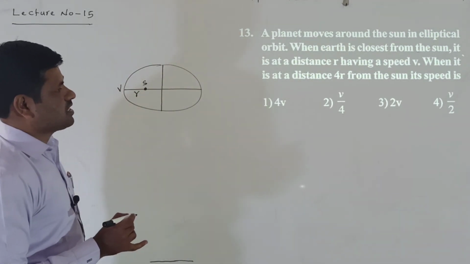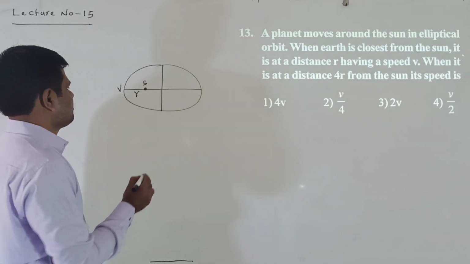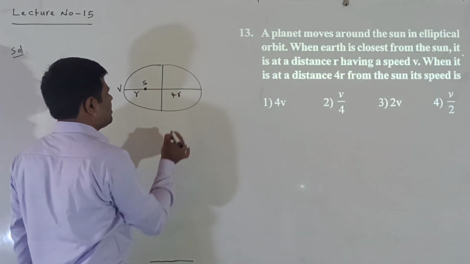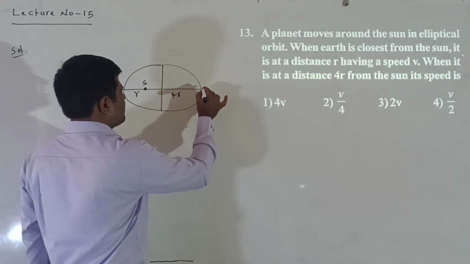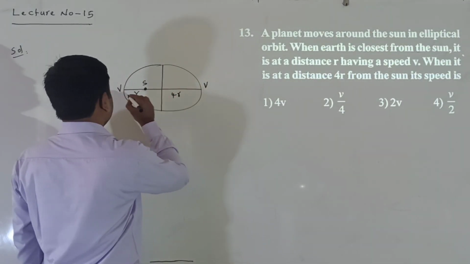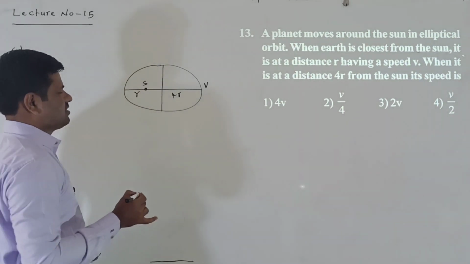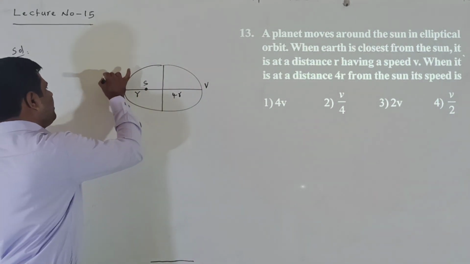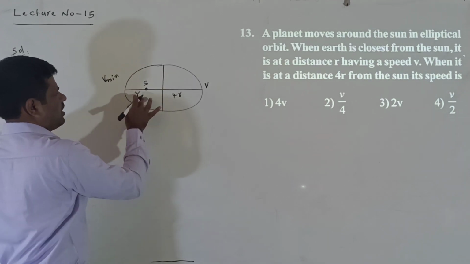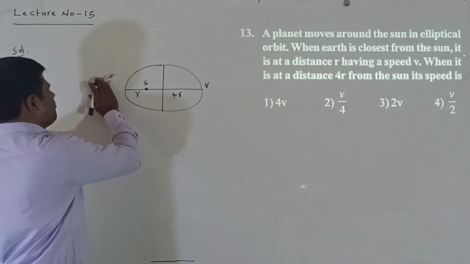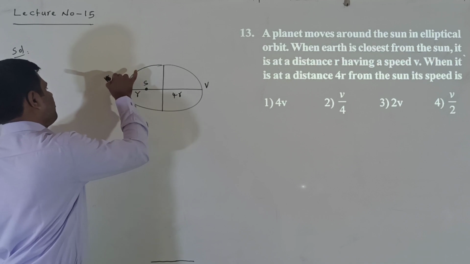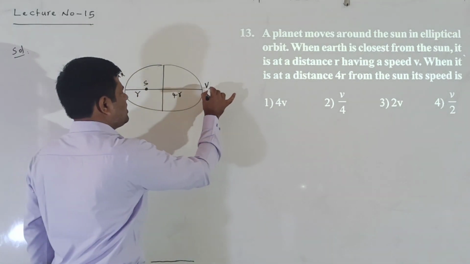Now when it is at a distance 4r from the sun, its speed is being asked. Distance is small means v maximum; here what is v minimum.